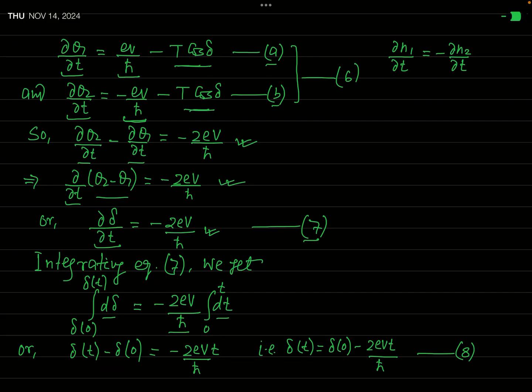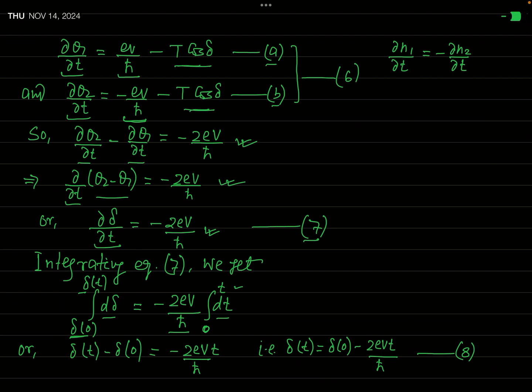Now let us consider that when time is 0, the phase difference is delta of 0. So corresponding to the lower limit t equal to 0, I have substituted delta of 0 for delta, and at t equal to t, we consider that the phase difference is delta of t.